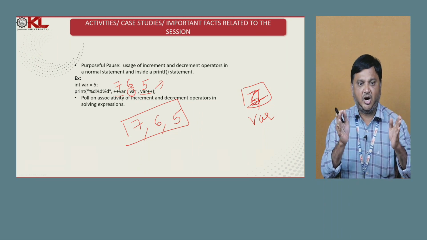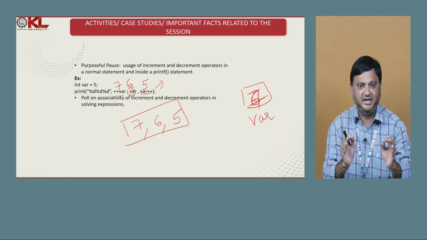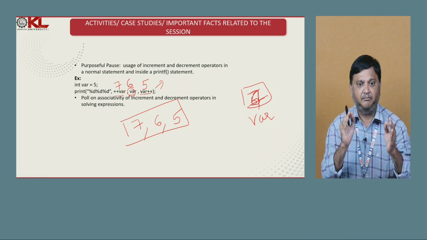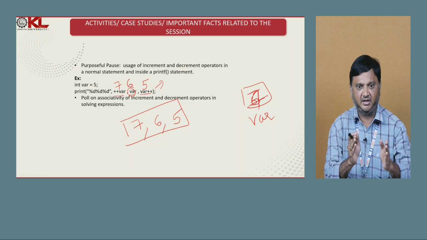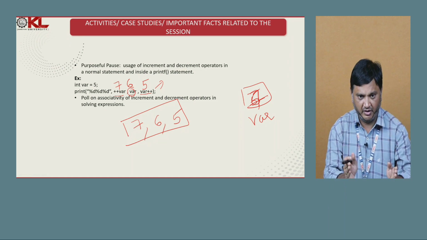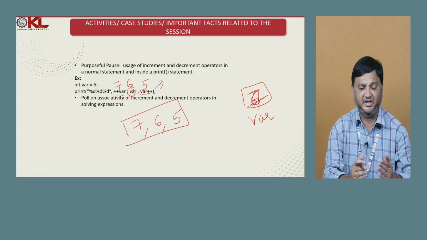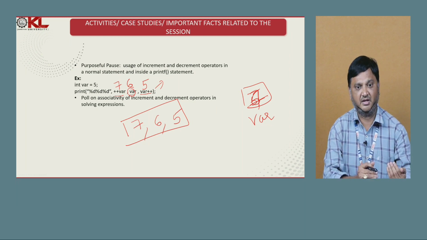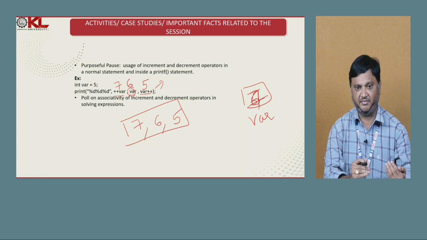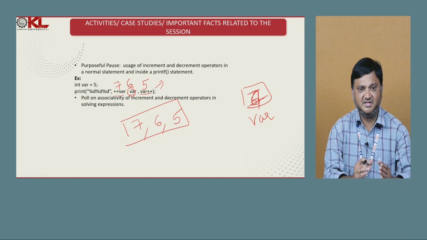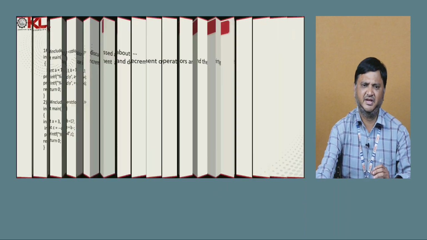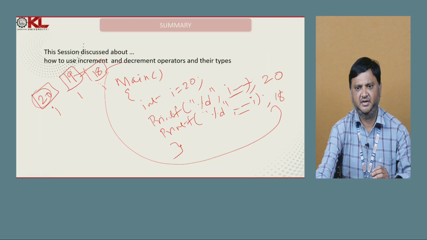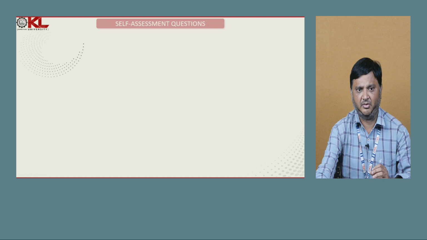These operators are completely compiler dependent, but from an interview point of view, just go with the procedure I told you: pre-increment and post-increment, pre-decrement and post-decrement. This is the way we have to learn about increment and decrement operators, and you can solve ample of programs on them.